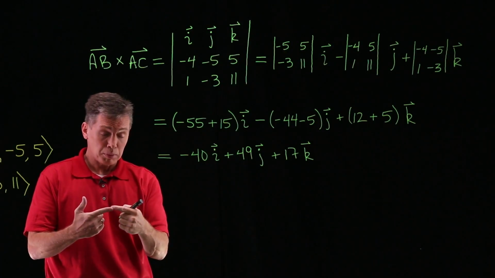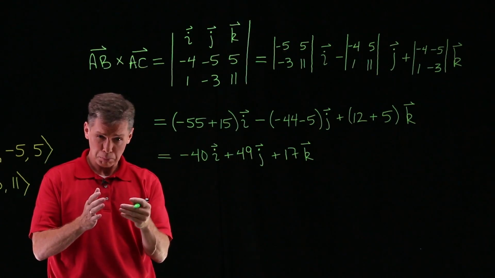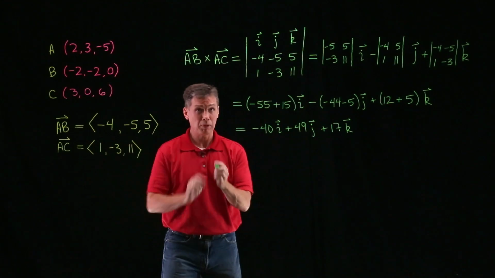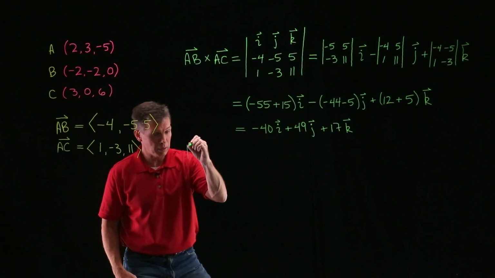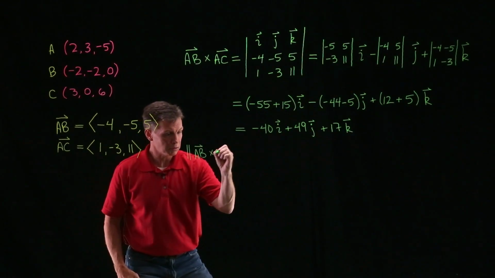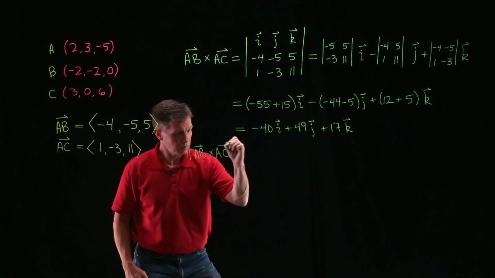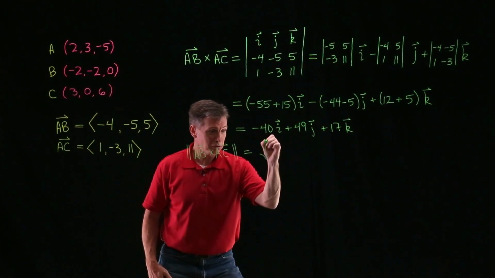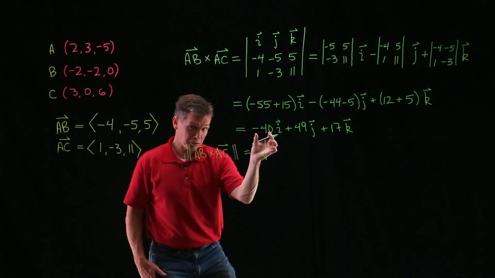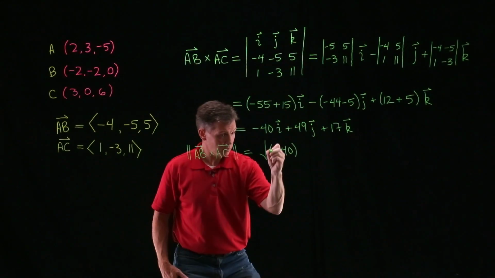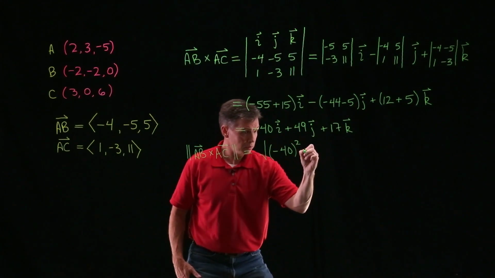But back to what our process here was, is that we found the cross product of two adjacent sides of the triangle. Now I need the magnitude. So my next step is to find the magnitude of AB cross AC, which you know the formula is the square root of each of these components but squared and then added together.